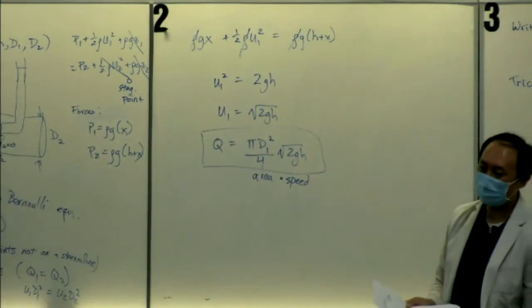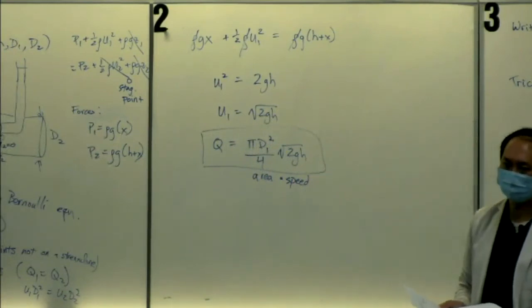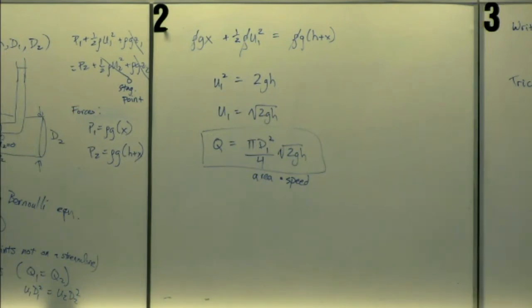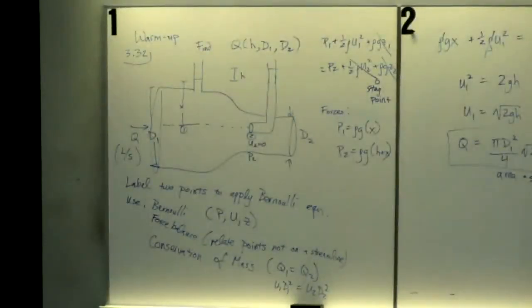Physically, I think that breaks down when D2 gets really small, but if you think physically, what's going on? I'll draw it on board 1. If I were to draw all the fluid streamlines, basically where are all the fluids going?